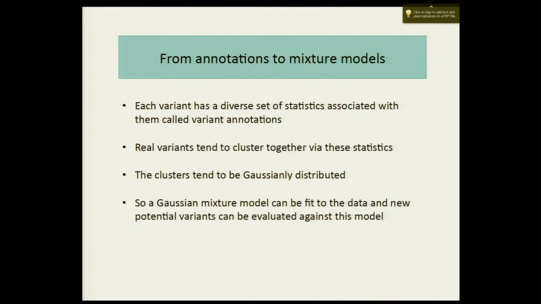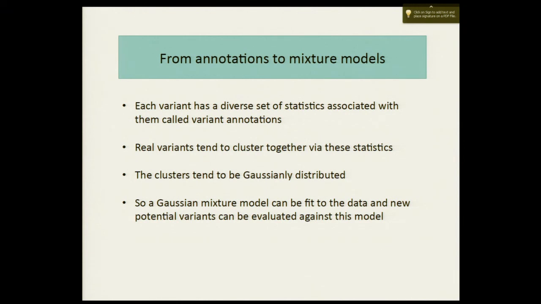The principle is that we've developed this diverse set of statistics that we're going to attach to every variant. We've already talked about things like strand bias and quality score bias, and you can create any number of statistics and assign them to these variants. These are things that you calculate on a per variant basis.